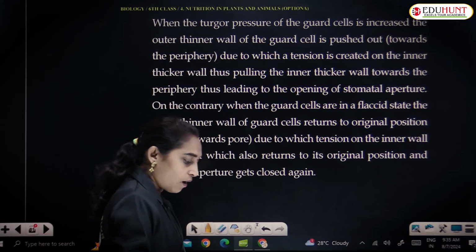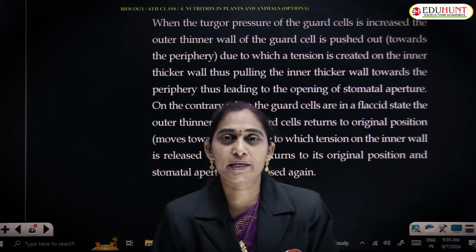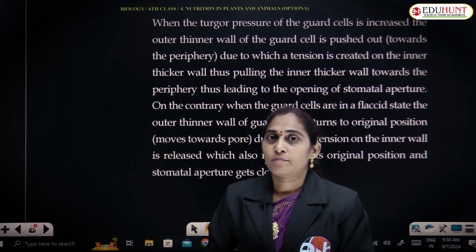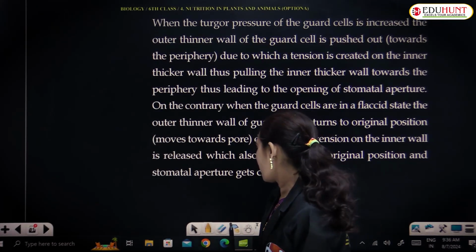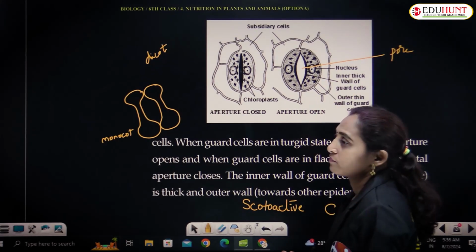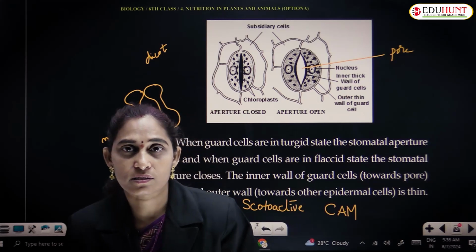Anyway, how do these stomata open and close? Let's see the mechanism of opening and closing of stomata. During daytime, we have seen chloroplasts inside the guard cells. These chloroplasts are responsible for photosynthesis.